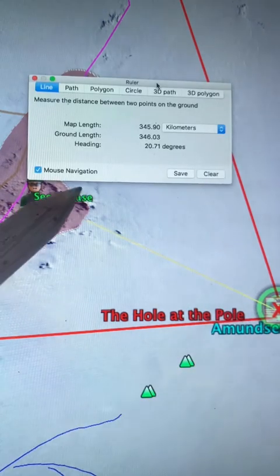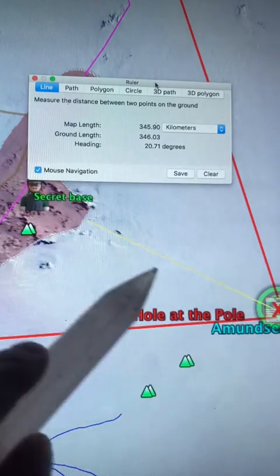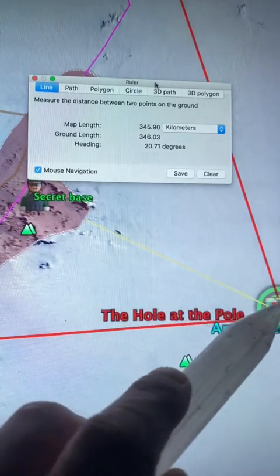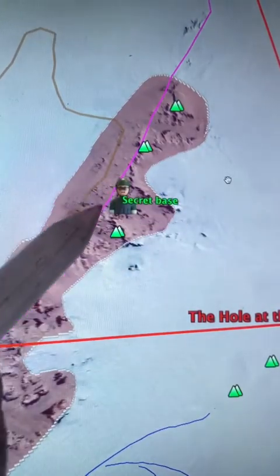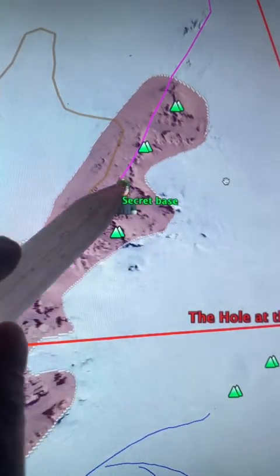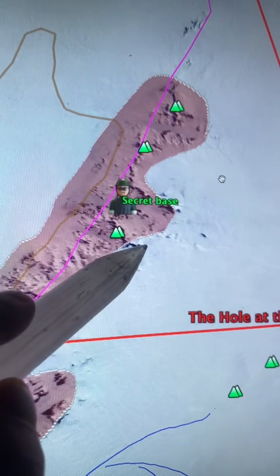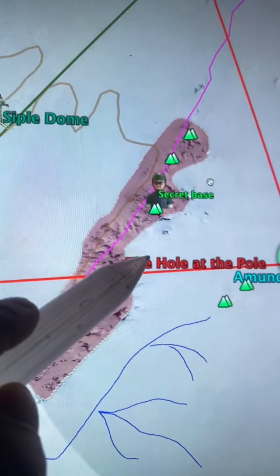So the base is 350 kilometers away from the entrance. It is the only mountain range where they have built military installations. This is our human military base.